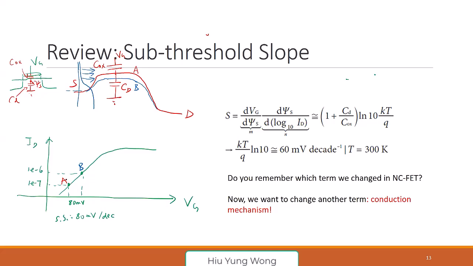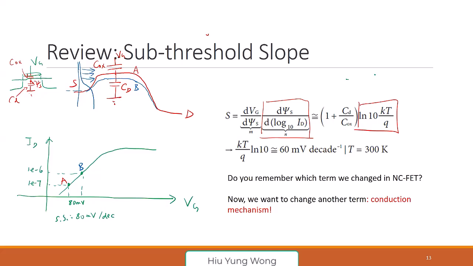Right? So if you're talking about just this thermionic emission, it is just d psi s over d log 10 ID. This is basically just how much surface potential you need to change in order to increase 1 decade. And this one gives you natural log 10 times kT over q.